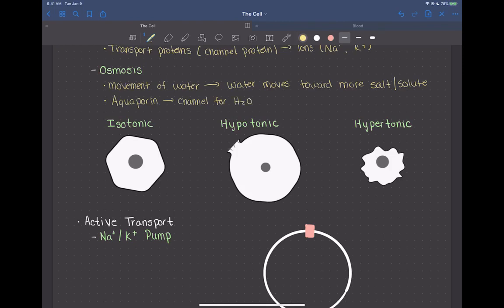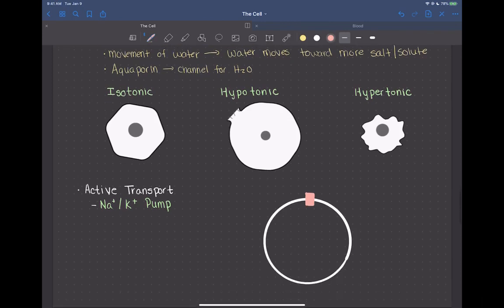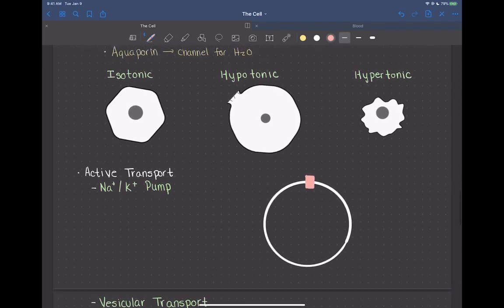Okay, so now let's talk about the movement of water and the different concentrations of salts that can cause water to move. If we go with our cells here, we have cells under 3 different conditions drawn here.